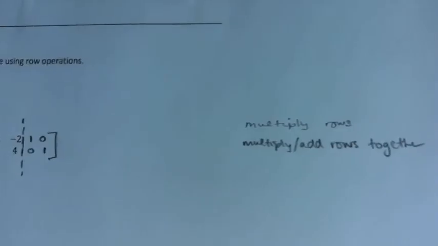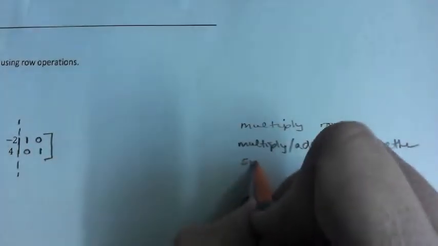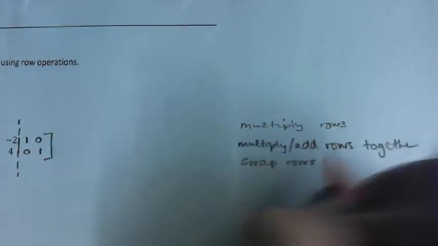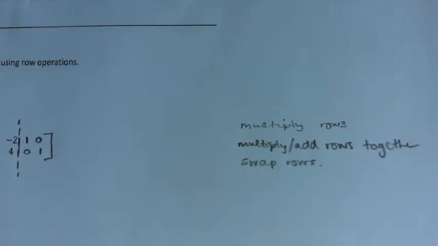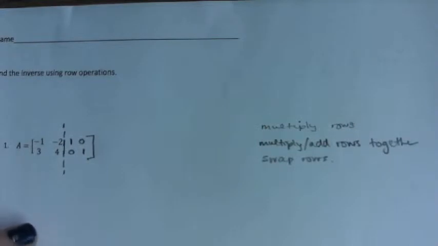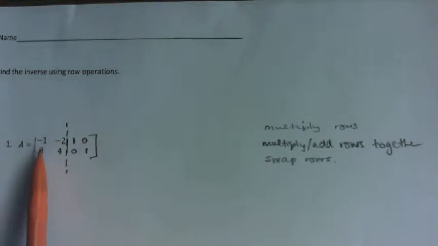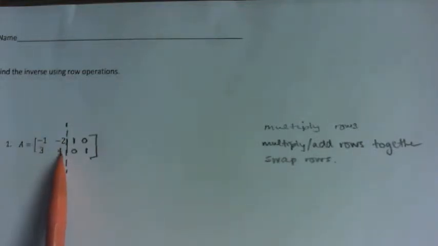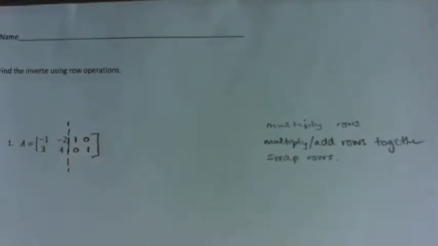And you're also allowed to swap rows. Those are really the three things. If I come up with something else, I think those are the only three things we're really allowed to do to let this left-hand side turn into the identity. So we want a 1 here, a 0 here, a 0 here, and a 1 here. But you're never going to do it all at once.